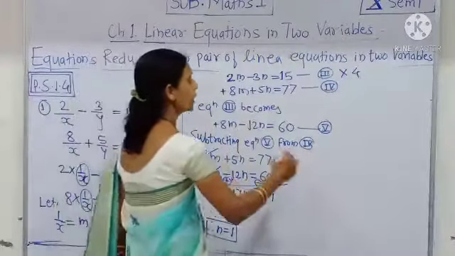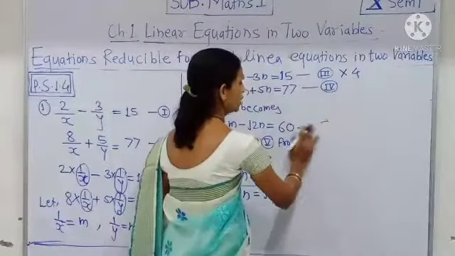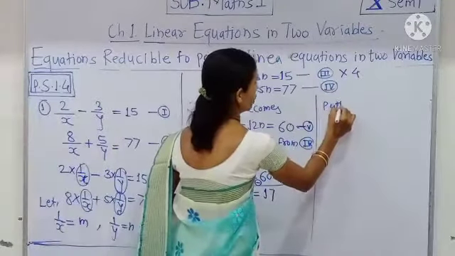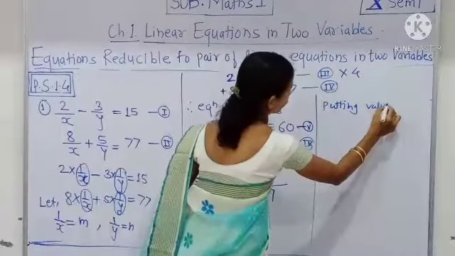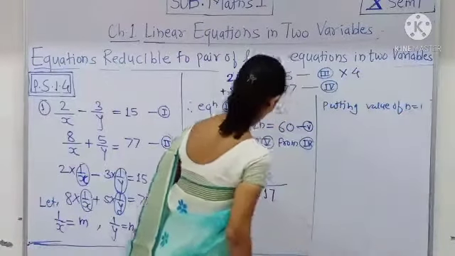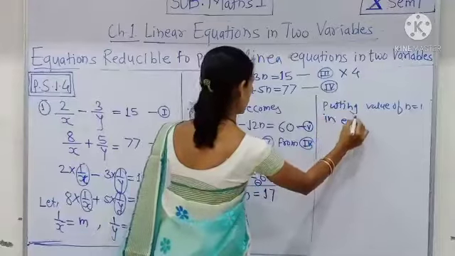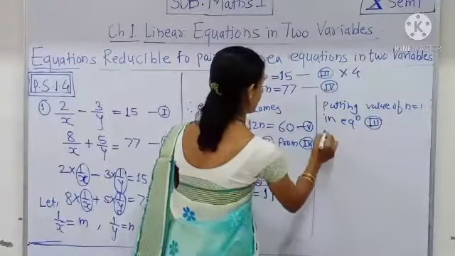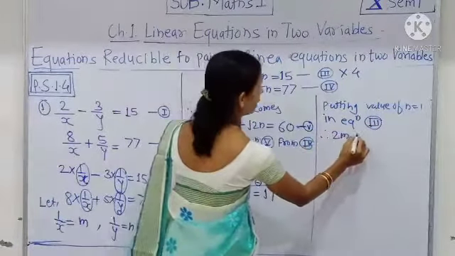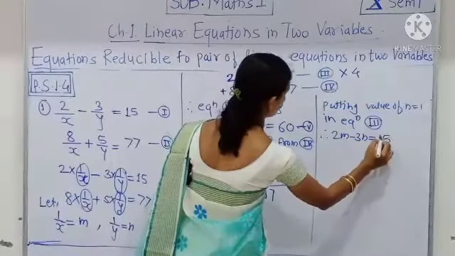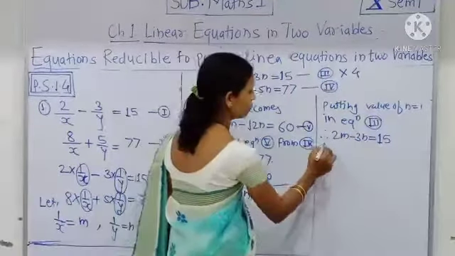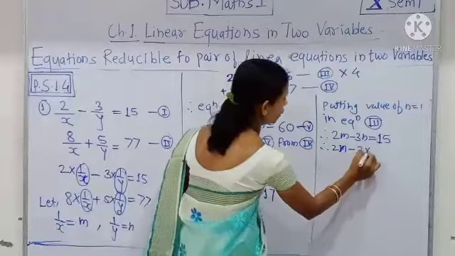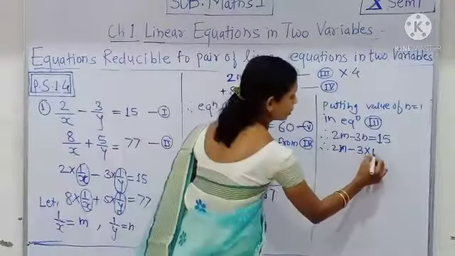Then putting the value of n equal to 1 in equation number 3, 2m minus 3n is equal to 15. Therefore 2m minus 3 into the value of n, which is 1, is equal to 15.